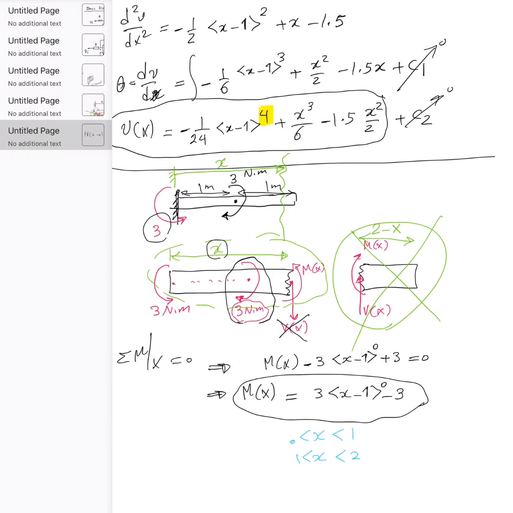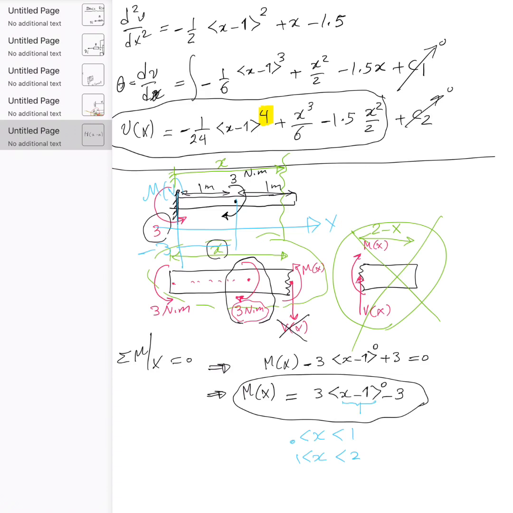So when x is between 0 and 1, what happens to this term? We already talked. This term becomes 0, so you get negative 3. So if I want to draw my moment diagram, this is m of x, and this is x, right? From here to here, your moment is pure negative 3. What if I go x greater than 1?